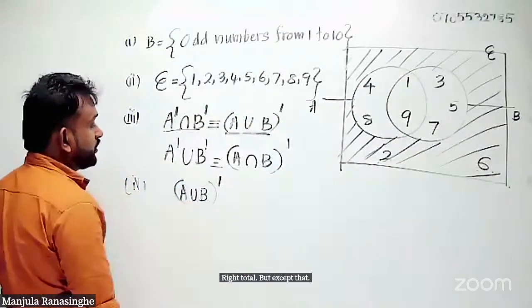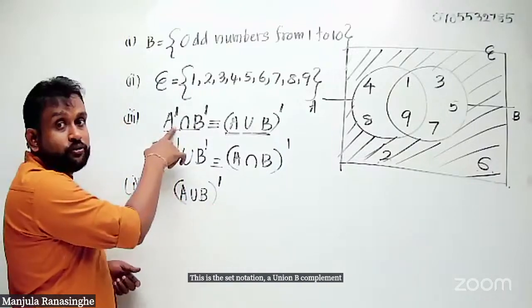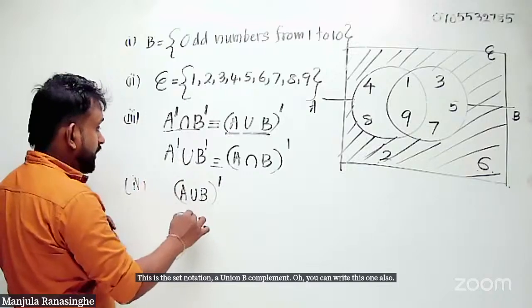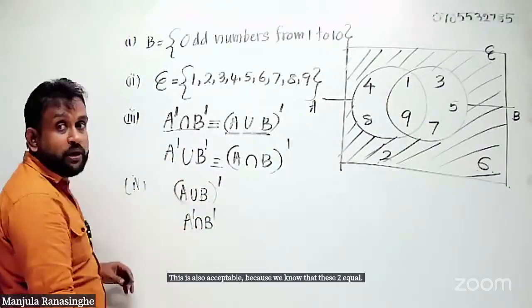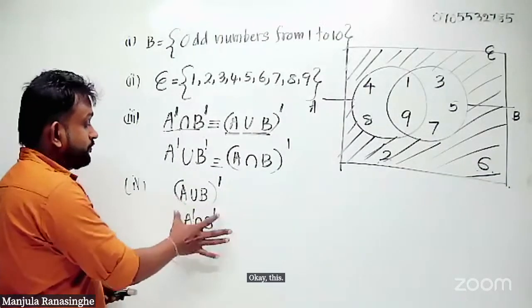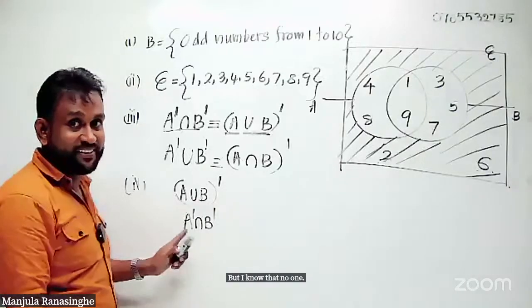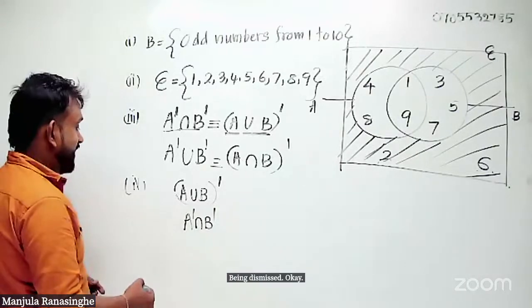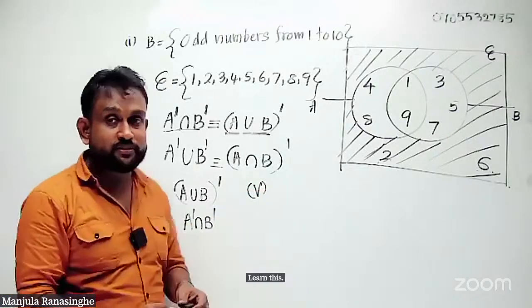This is the set notation: A union B complement. Or you can write this one also. This is also acceptable because we know that these two are equal with the formula. Okay, this okay, this okay, right? But I know that no one has written this method. Now you can learn this additional information.